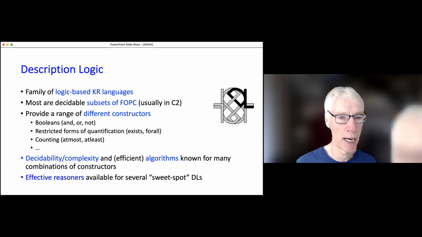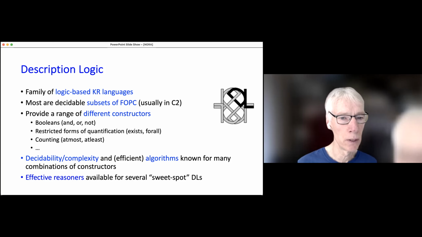And then you can design a specific description logic basically by selecting a subset of these constructors. And within the field of description logic, people have spent a long time exploring a lot of different combinations, ones that look useful, and also hopefully trying to find ones that have this good balance between expressiveness and complexity.